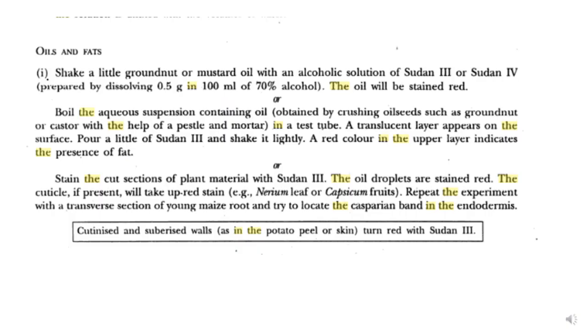Now the last test is for oils and fats. For this we take the test solution and add an alcoholic solution of Sudan 3 or Sudan 4, and the oil will be stained red.